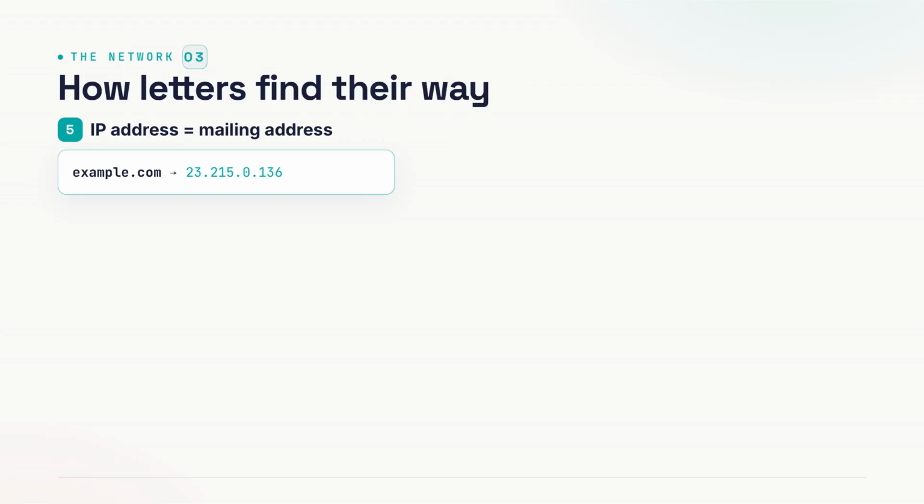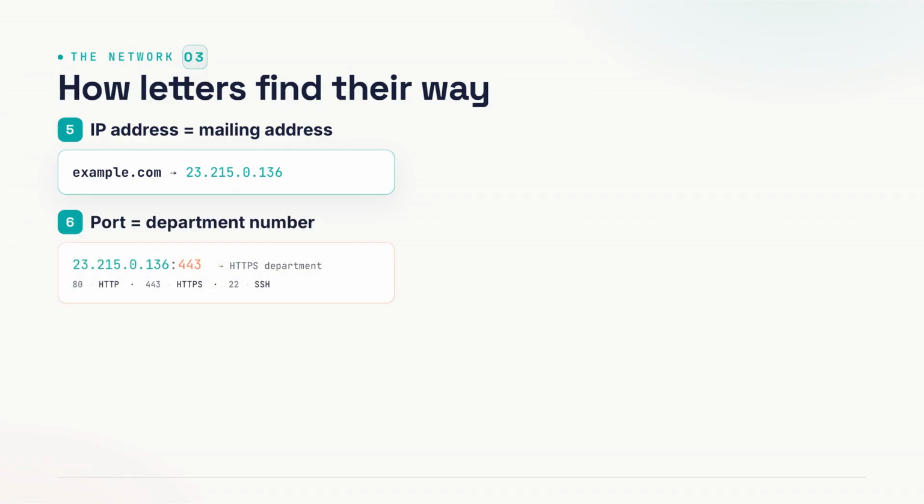And the port is a department number. One building can hold many departments. Port 443 is the HTTPS department. Port 80, the HTTP front desk. Port 22, the SSH back entrance. The address picks the building, the port picks the desk inside it.